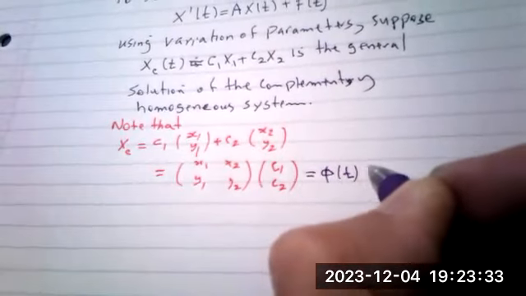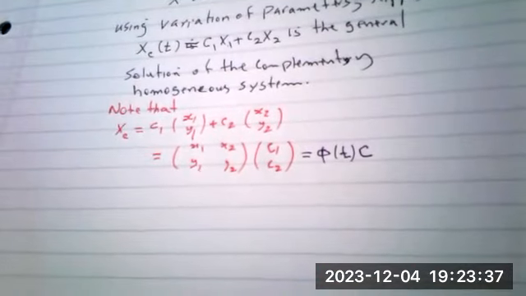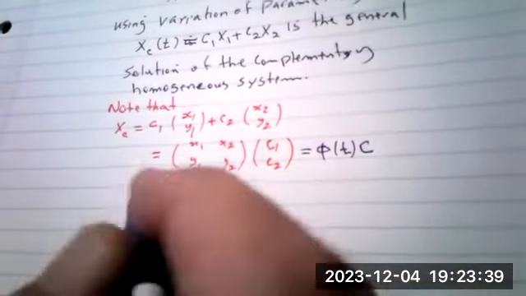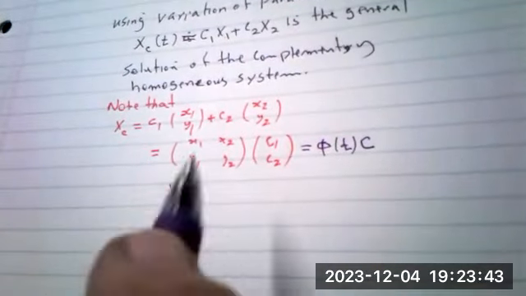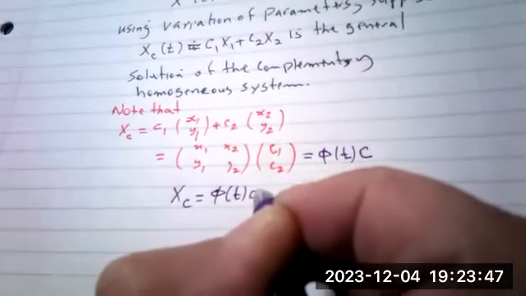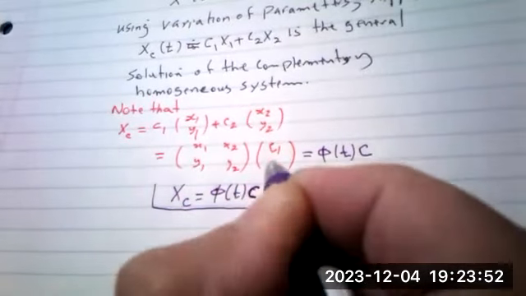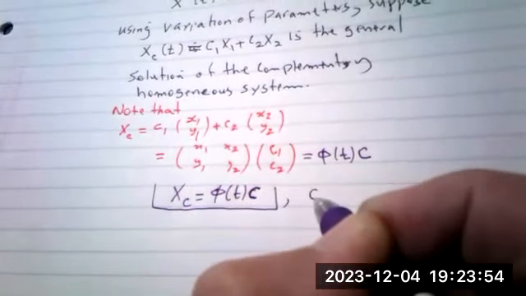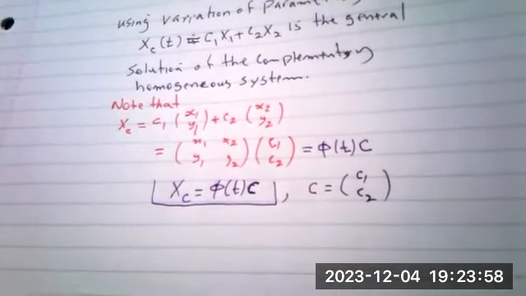And this part I call a constant vector c, because I don't want to repeat it in the matrix form. So the general solution of the homogeneous one can be written as phi of t times c, where c is just c1 and c2.